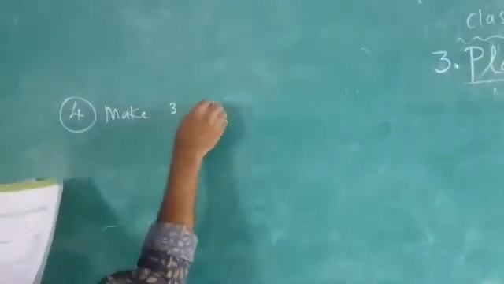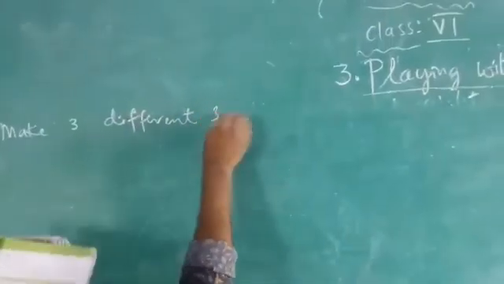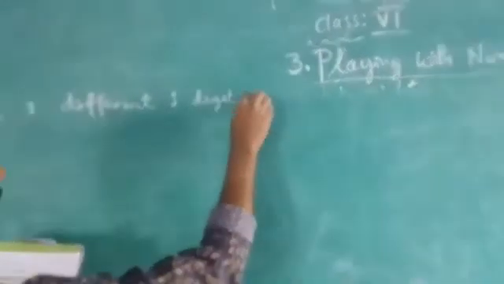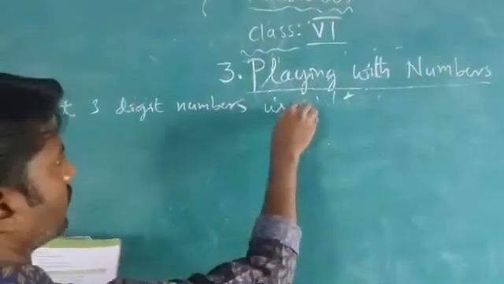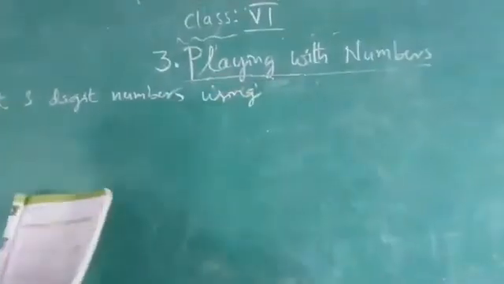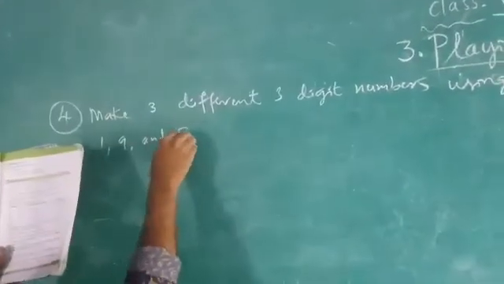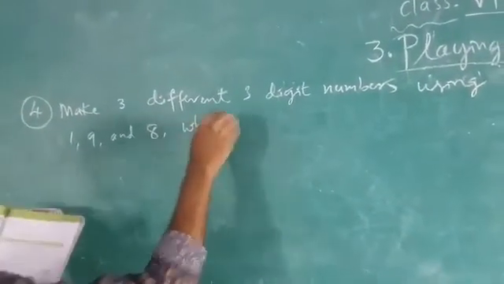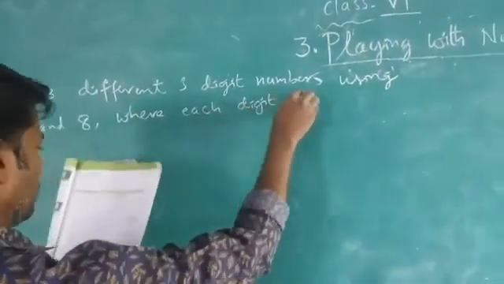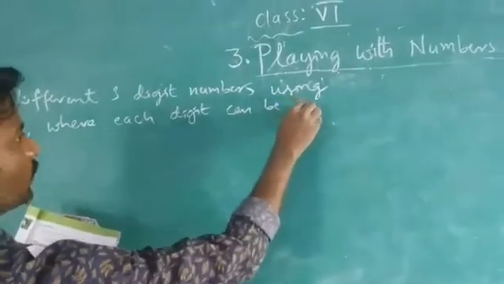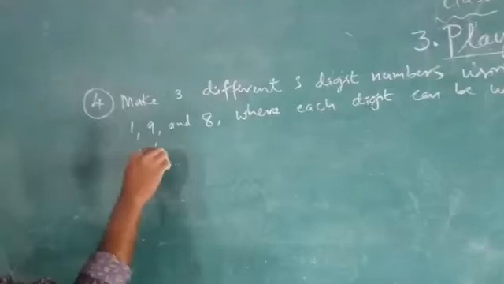Make three different 3-digit numbers using 1, 9 and 8, where each digit can be used only once.